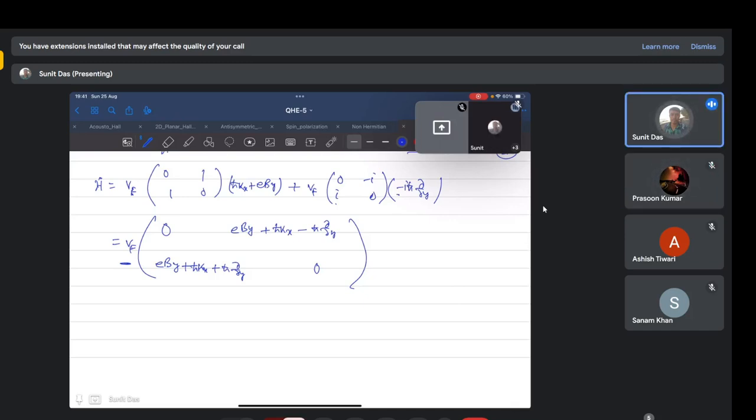Okay, so what we'll do is define a new variable, let's say xi equal to y by lB minus lB kx. So I left some minus sign.